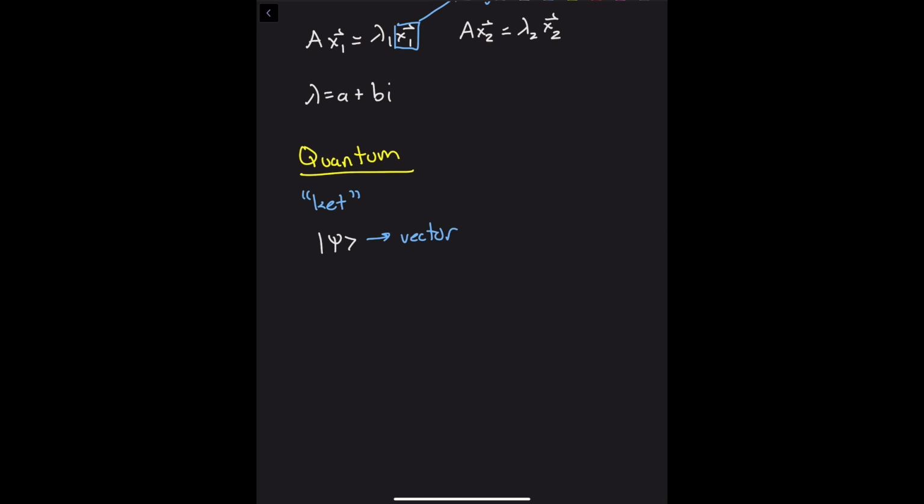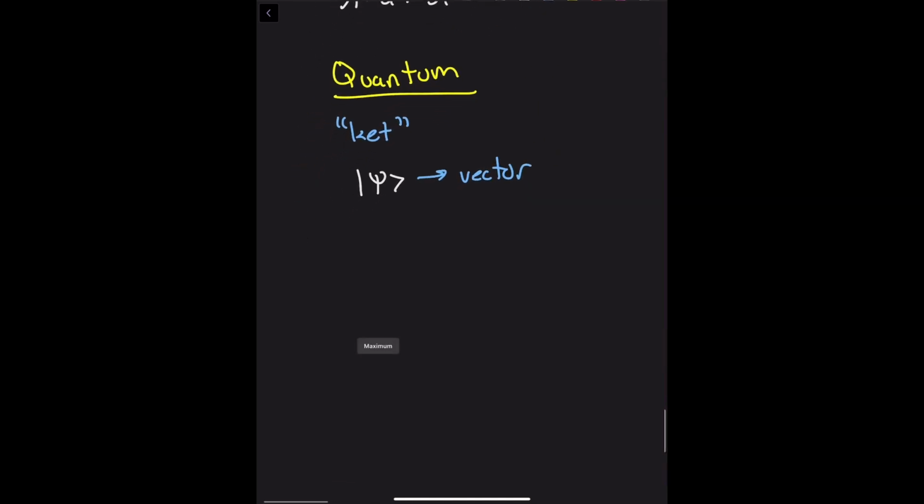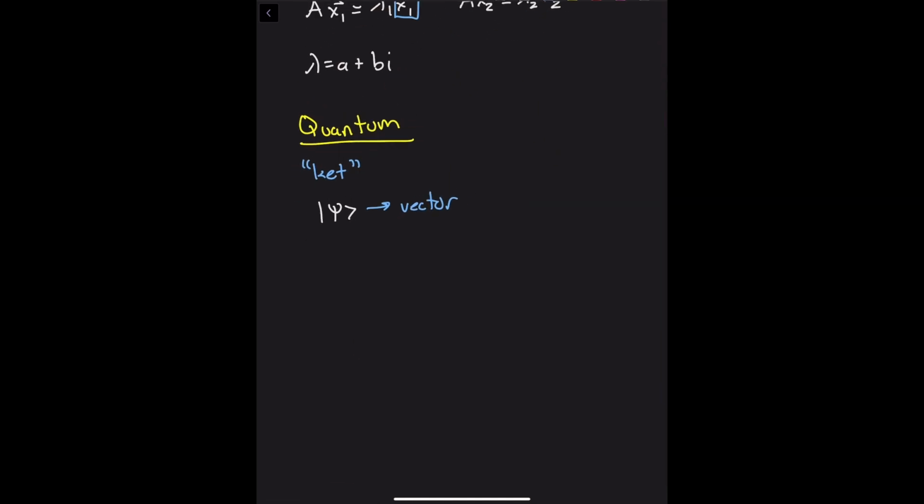And almost in the same way we've been thinking about it. The only difference is now it's a superposition, which I'm sure Carson will talk about soon here. And what's nice about this is if you see something like this, this is a bra. This can usually mean an operator or a linear functional.